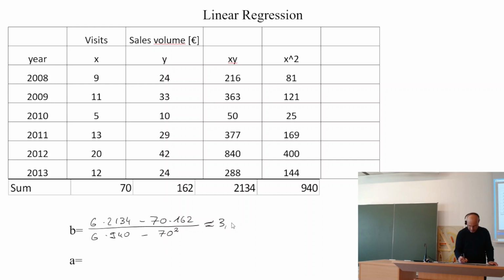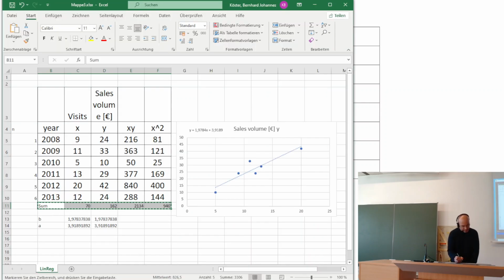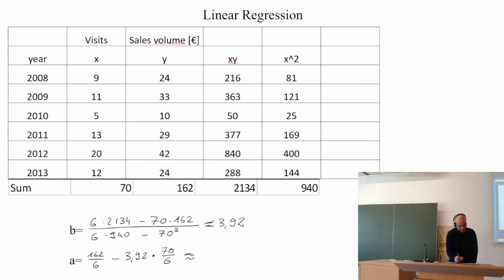This was roughly 3.91, I think, or 92. And A was then y bar, so 162 over 6, minus 3.92 times x bar, which is 70 over 6, and this was approximately 1.98.